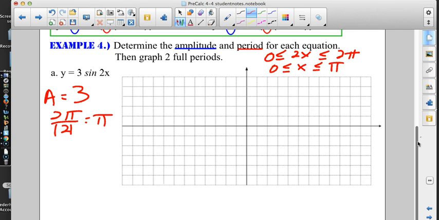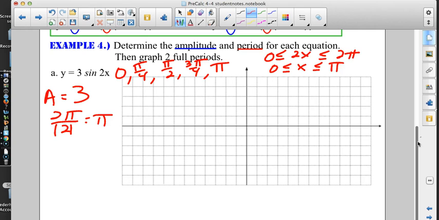So we're going to take this pi minus 0 and we get pi. And we know we're starting at 0 and then we have pi over 4. And we say, okay, well that's 1 pi over 4. If I add another pi over 4, I'm going to have 2 pi over 4. But that's pi over 2 when it's reduced. I add another one, now I've got 3 pi over 4. I add one more, I'm at pi.